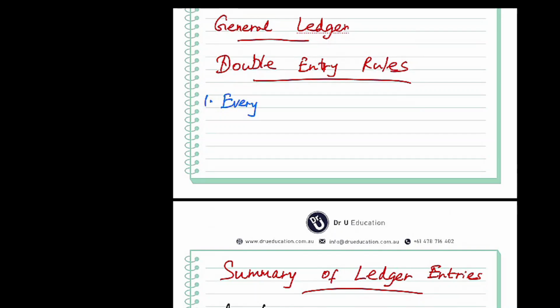One account will have a debit entry, which means the left hand side, and the other account will have a credit entry, right hand side. Make sense? Any questions? That means every transaction will have 1 debit entry, 1 credit entry. So then balance. Any questions up to now?